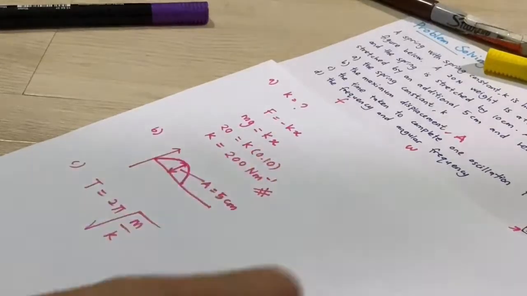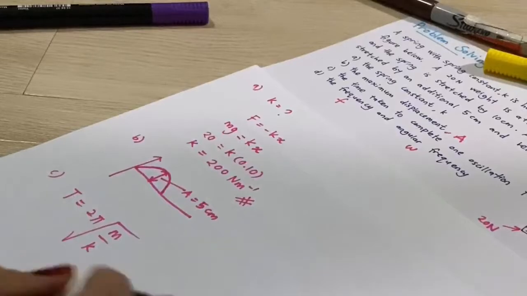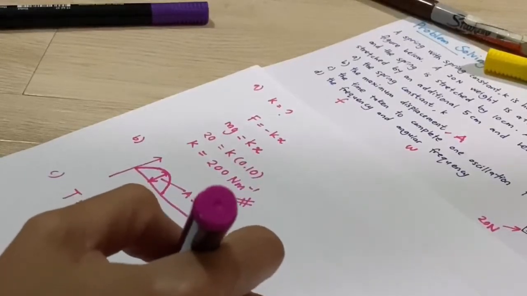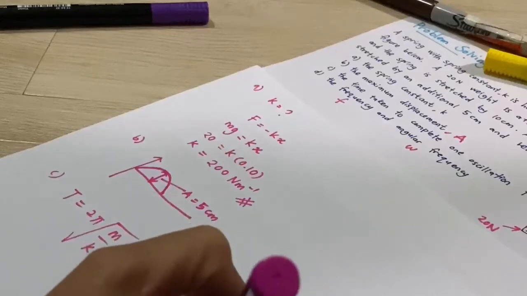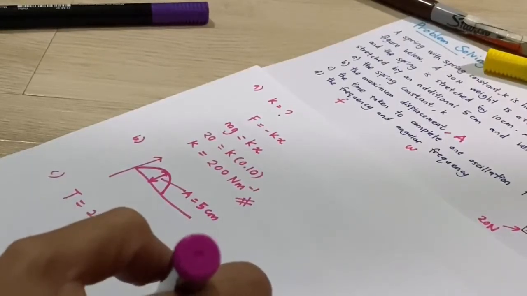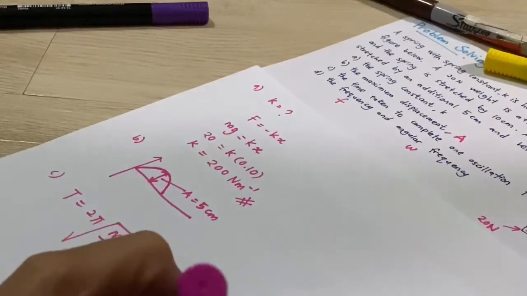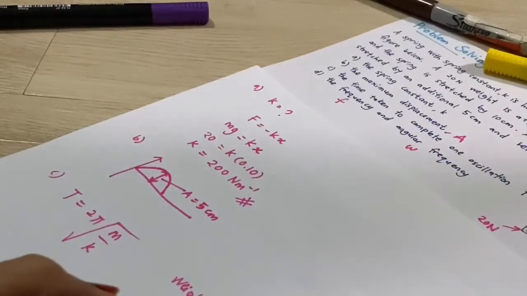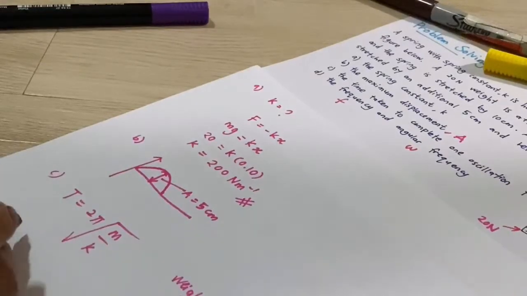Given the weight is 20 Newton, we need to change weight to mass. We have the relationship that weight, which is the force, equals mg.